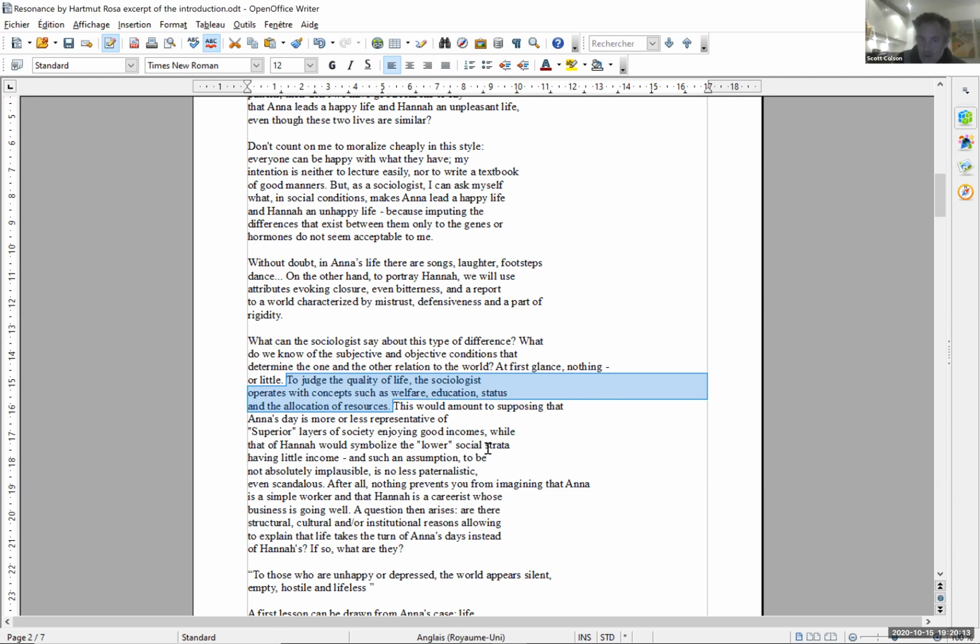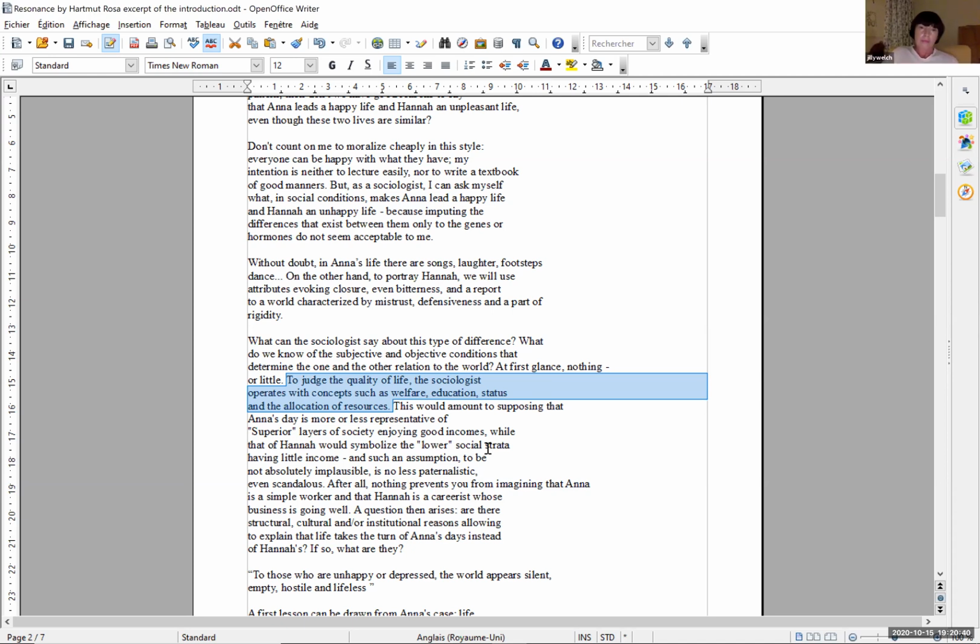I don't disagree, but by the same token, a concept has got to start somewhere. Just as you said, it's dry. People with certain aspects in that list may have, when you go back three or four paragraphs where it says Anna leads a happy life and Hannah leads an unpleasant life, even though these two lives are similar, you've got it. There might be differences.